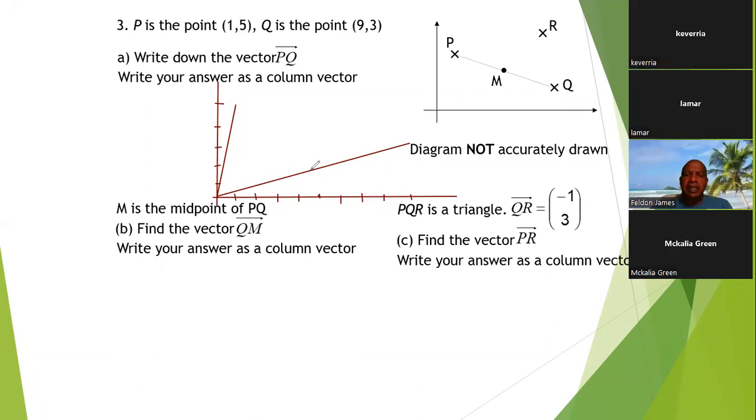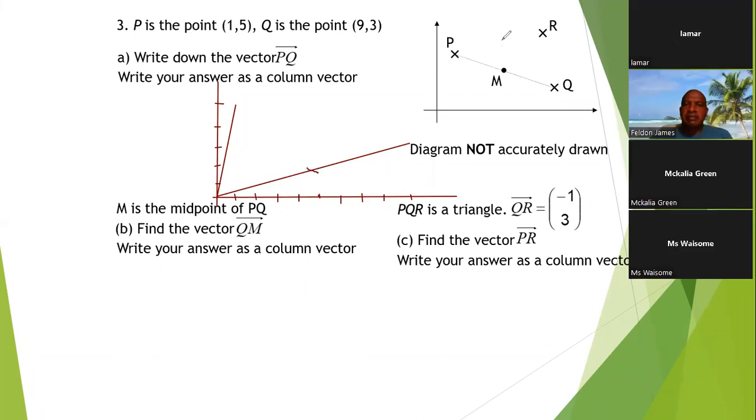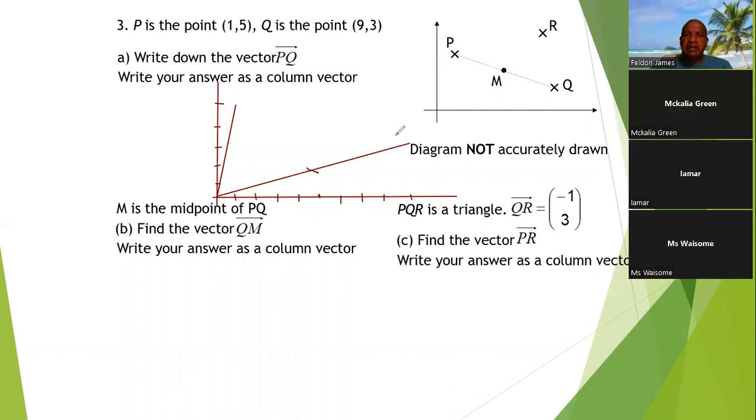All right. Now this vector starts at O and it ends at what? P. So this is a vector. No, it starts at Q. Sorry.